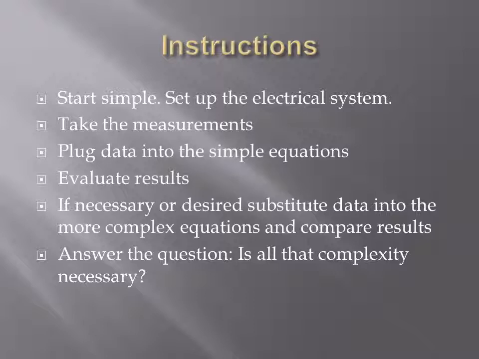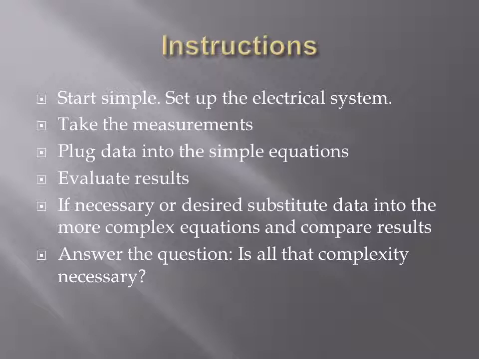So in that line, here are the instructions. Here's what we are doing this all for. We're going to start simple and set up the electrical system as described in the diagram. Then take the measurements, and these measurements are going to be accurate.